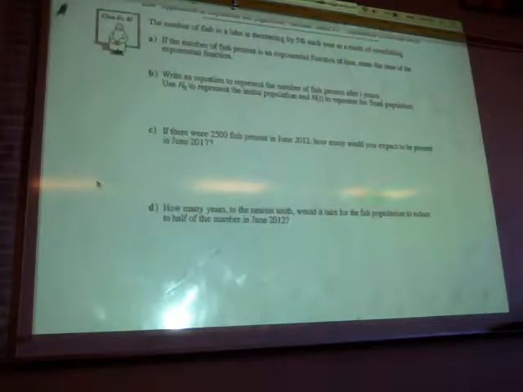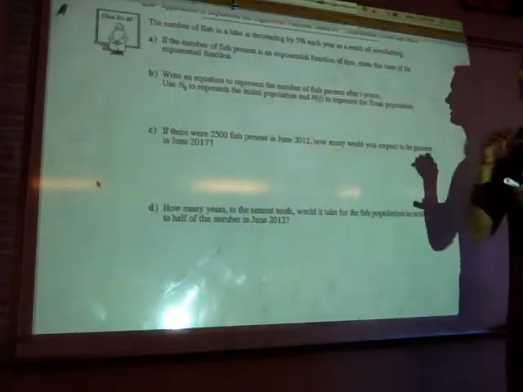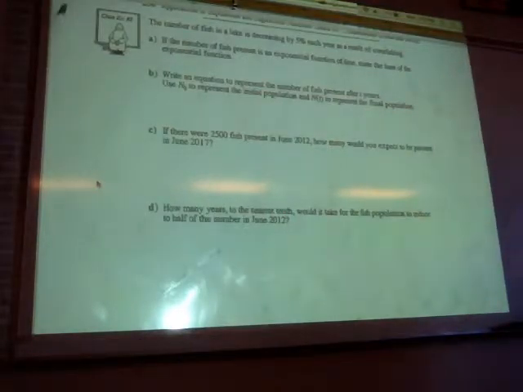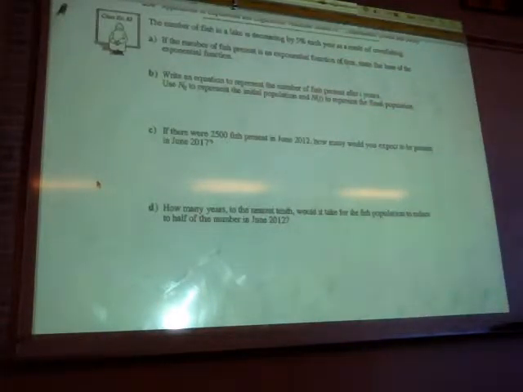Alright, the number of fish in a lake is decreasing by 5% each year. Growth or decay? Decay. So your B value will be between 0 and 1, right? There's just too much fishing, so they figured out that the number of fish are decreasing by 5%. So if the number of fish present is an exponential function of time, we're going to state the base of the exponential function.